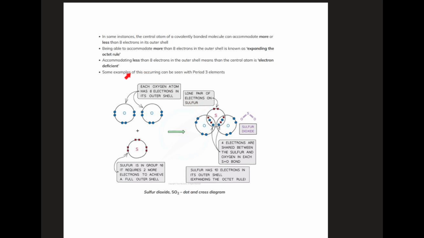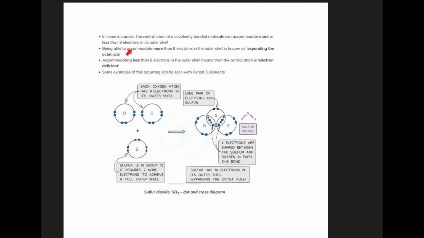It has to be period 3 onwards. Period 1 and period 2 cannot have the expanded octet. Only period 3 onwards can do that, because period 3 has 3d orbital to accommodate more than 8 electrons.